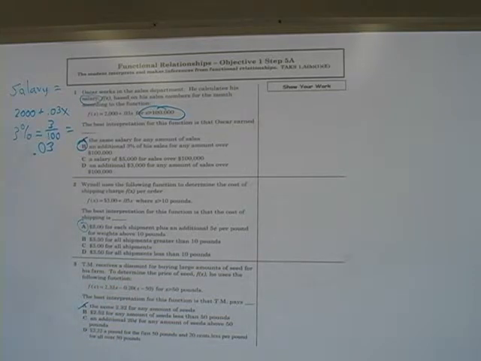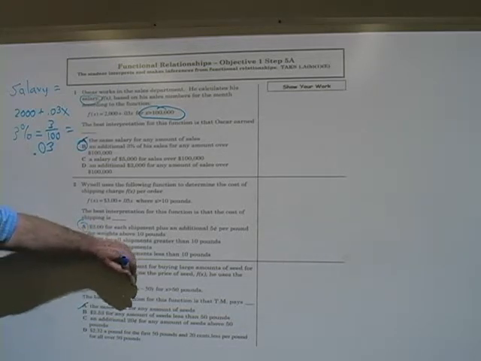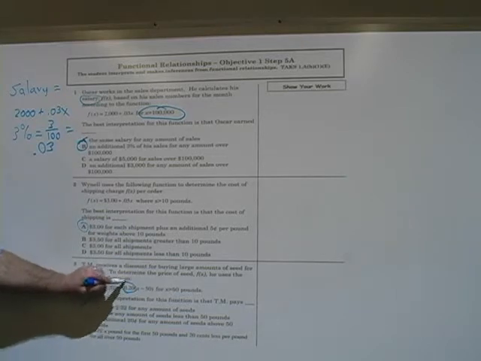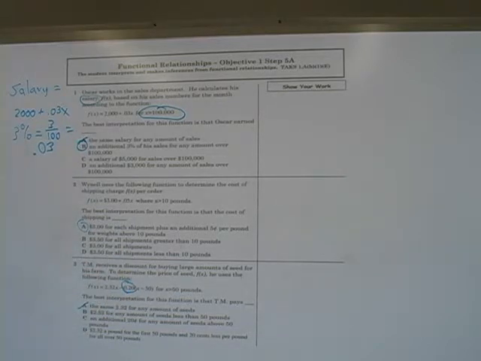252 for any amount of seeds less than 50. I don't know about that one. What I'm interested in here is this 0.20. And which answers have the 0.20 in them?